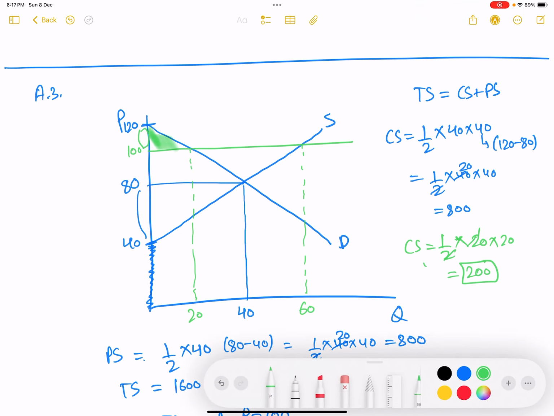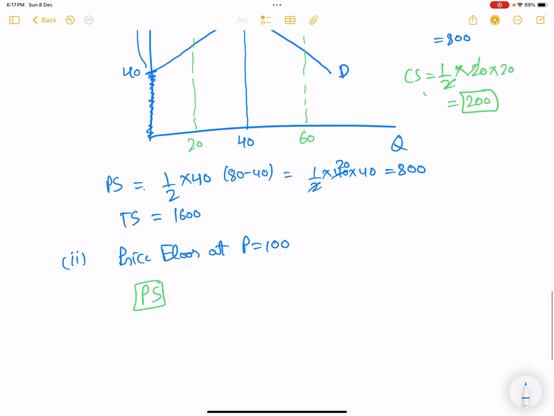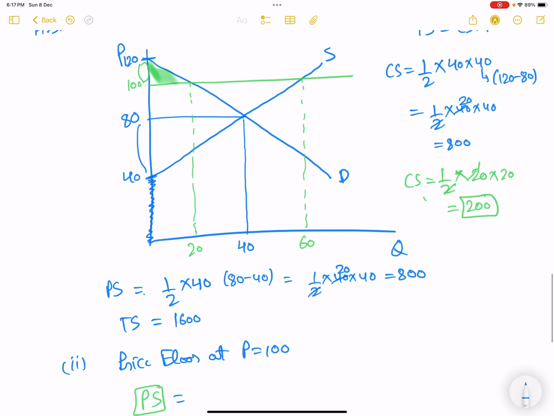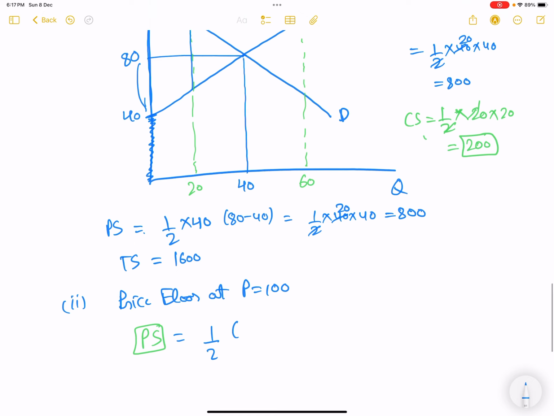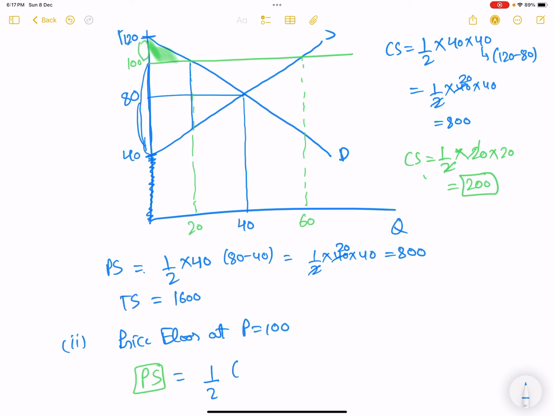If you know the formula of a trapezium, that would be more than sufficient to find it, because these two are the parallel lines, this and this. So the area of a trapezium is half into the sum of parallel sides. In this case, this would be 60 plus this. This price is 100, and at quantity 20, we can find what the supply price is.